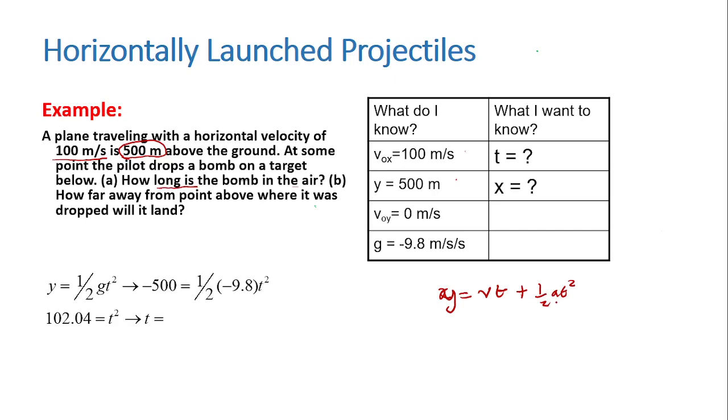In that equation, a has been replaced by g, and v is 0 meters per second according to the information there. When you put 0 there, this whole part will be 0, which is why we haven't included it in this formula.